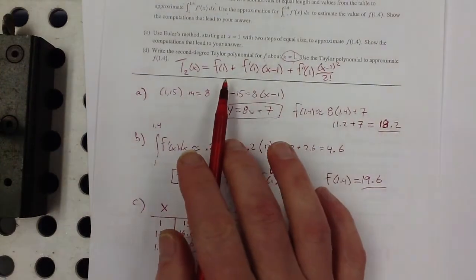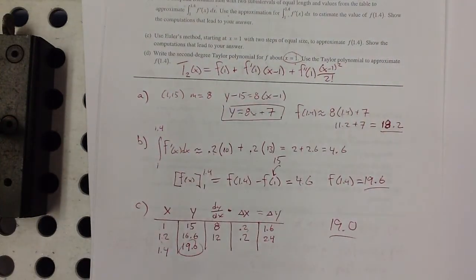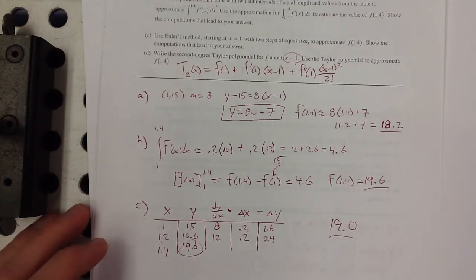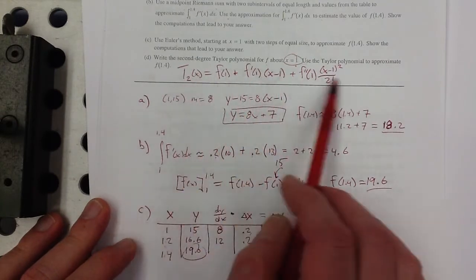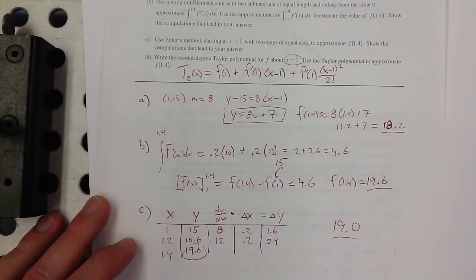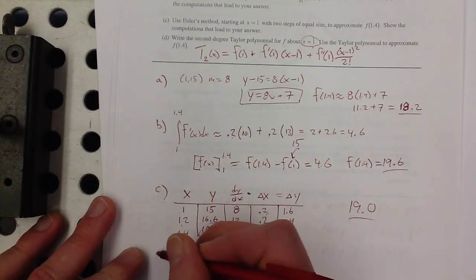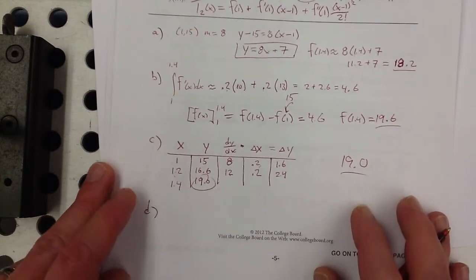This is the recipe for how to build one, and you certainly need to know that. So if you didn't get that far, I would certainly pause it here and then try to finish this from there. But I'm going to do it right now because I think this problem is so awesome.